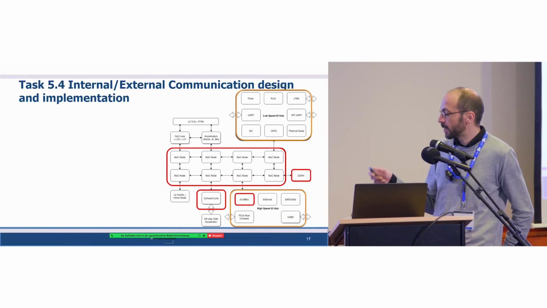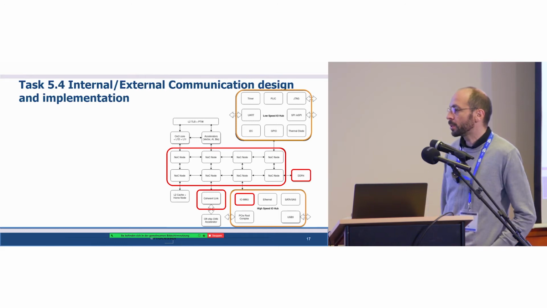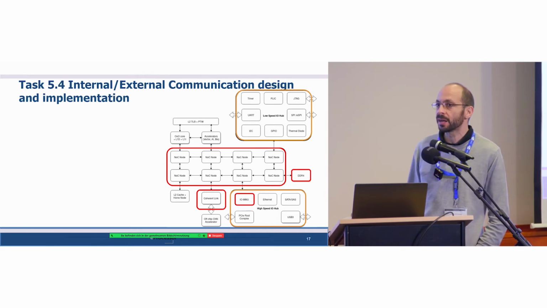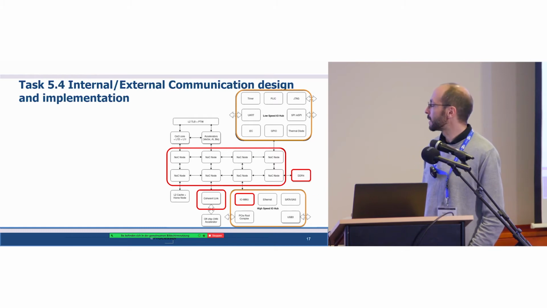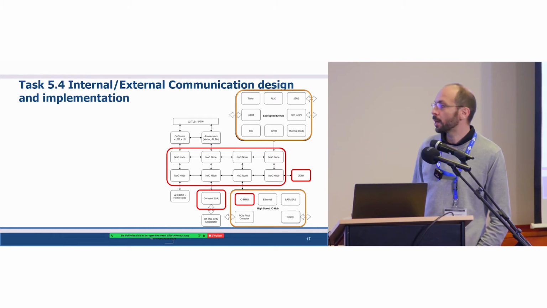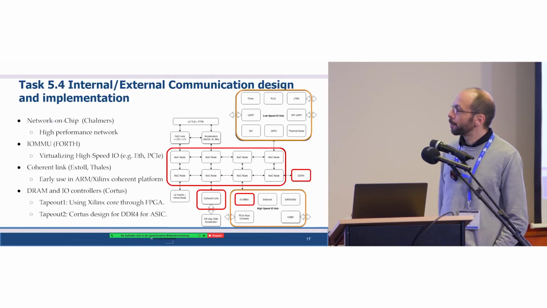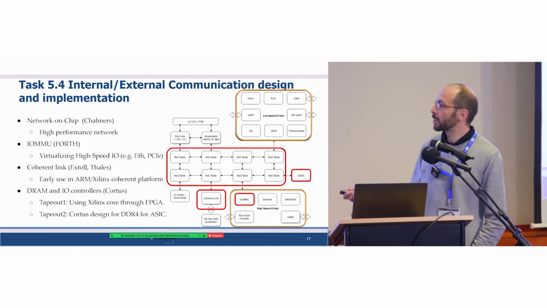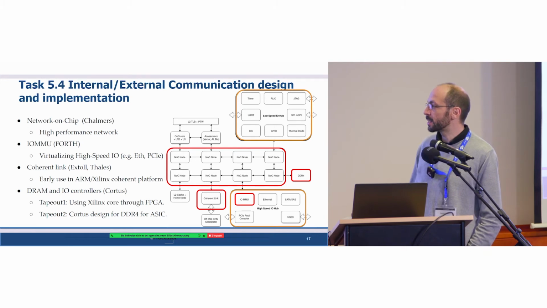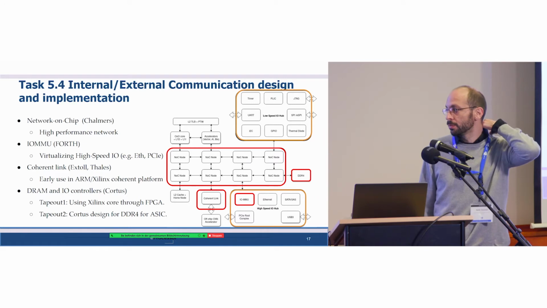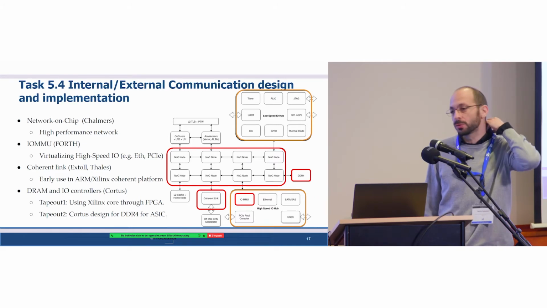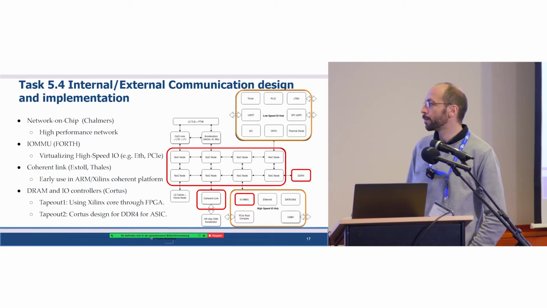One thing that's missing here is the memory. We'll be implementing a DDR4, and that's for the second tape out, but that will also be on chip. So we have the NOC, the IOMMU, and the coherent link. In the first tape out, we're using an FPGA to go to memory through this coherent link.